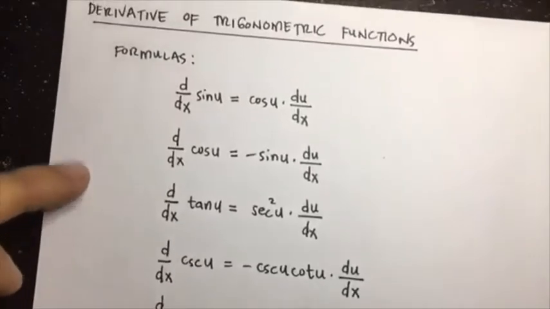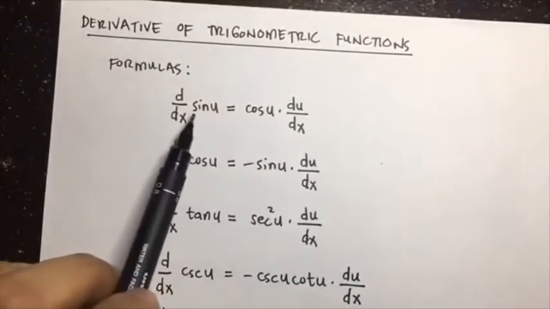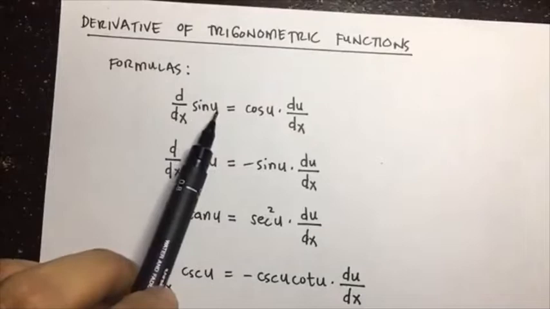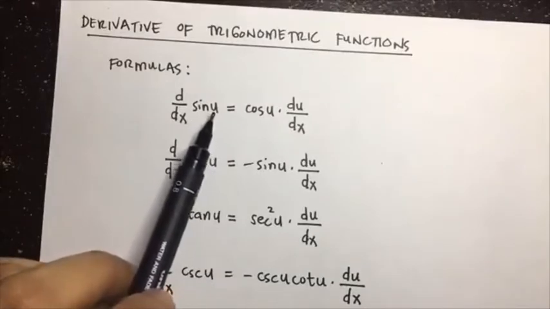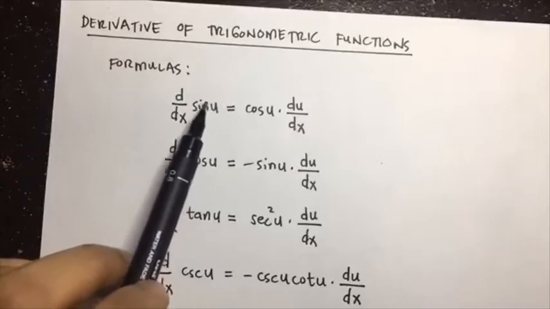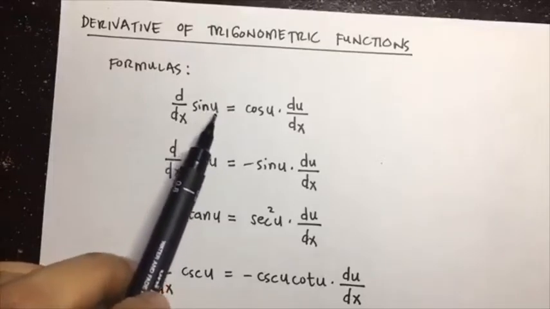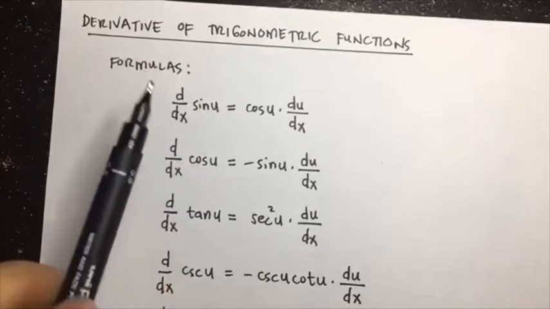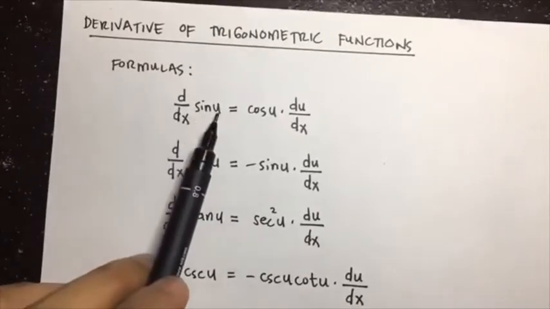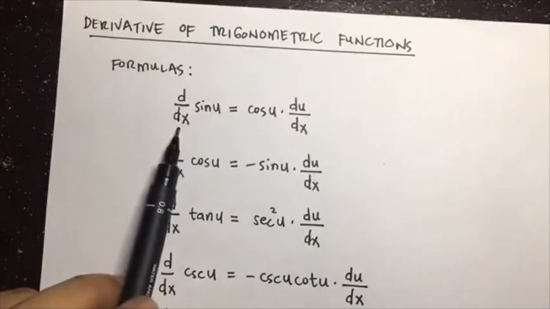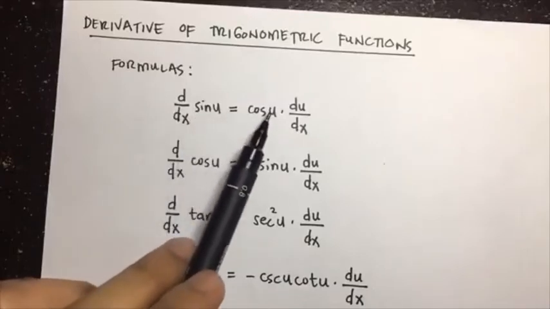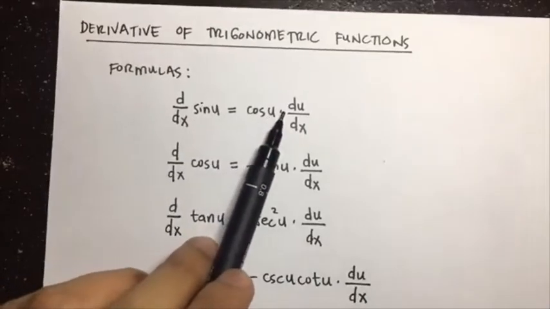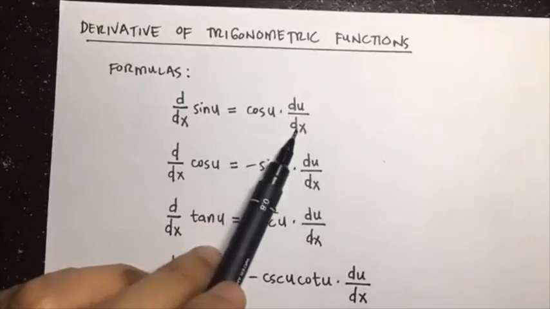Here in our formula, we have an arbitrary function u, which is any function that can be differentiated with respect to x. The derivative of sine of u with respect to x is equal to cosine of u multiplied by the derivative of u with respect to x.